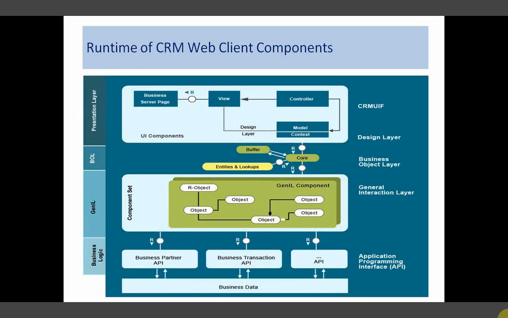I request you all to kindly go through these, and if possible go through the sites and the SE and get a lot of information, because you need to understand the CRM web client architecture and its behavior in maybe 1 or 2 days. If you have any queries, kindly let me know, because if you know this, we would enjoy the next practical sessions. If you don't know this, it will become a mess again, and I don't like people coding without knowing for what purpose they are doing it.